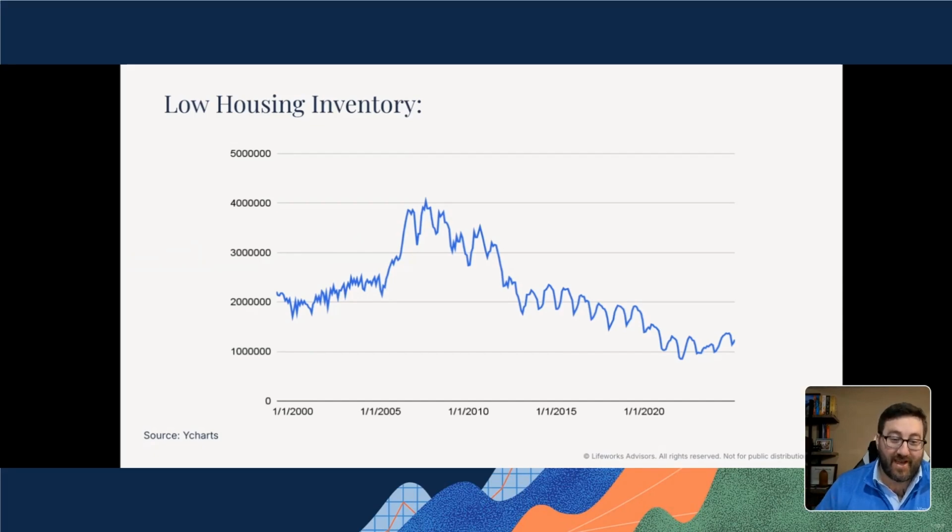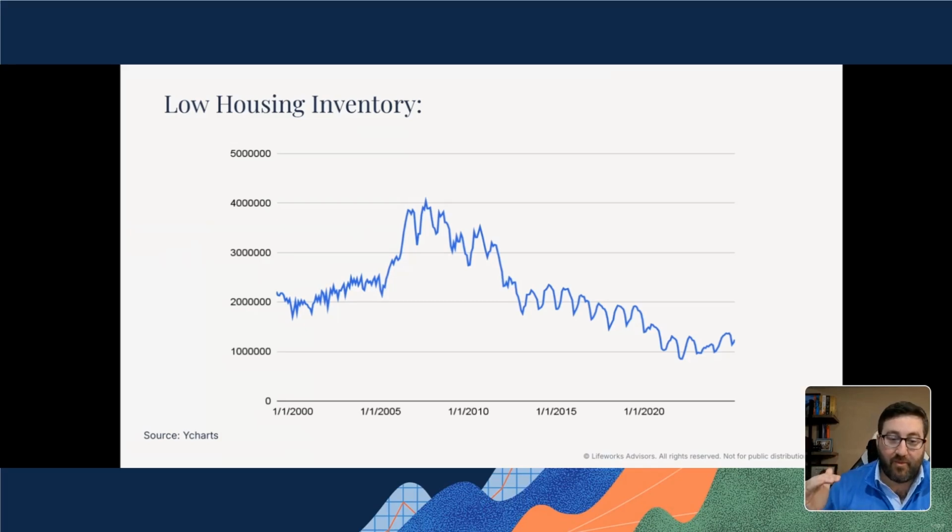It takes a lot more work to justify selling your house to trade in for a 6% mortgage rate. So what we're seeing is a lot of people choosing to stay put because they're locked in at historically low interest rates. So that's prevented a lot of inventory from coming into the market.